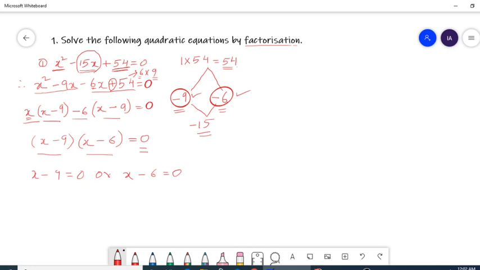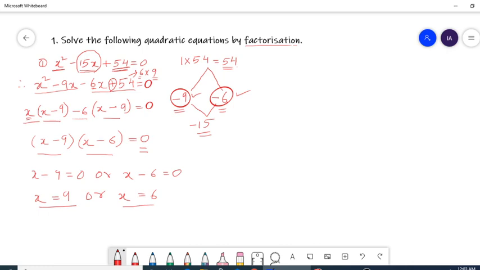If x minus 9 is equals to 0, so keeping x on its place, this negative 9 will become positive 9, or this negative x will become positive x. So x is 9 or x equals to 6.